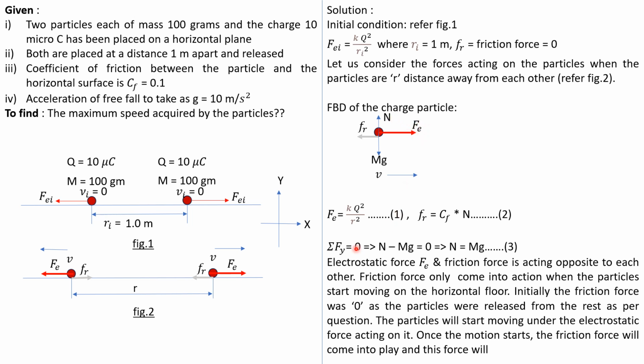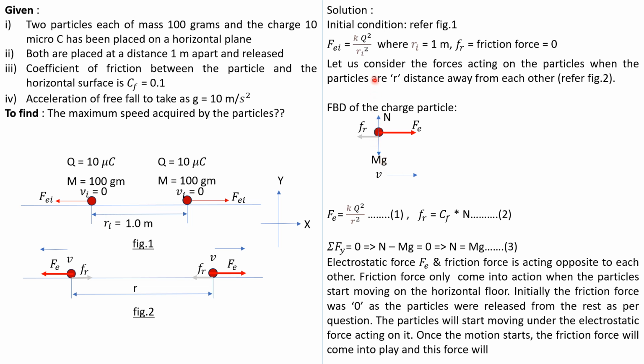So from Coulomb's law, we can write the electrostatic force between these two charges as Kq square by r square. And friction force will be coefficient of friction into normal reaction, that is, the ground reaction. This we know.